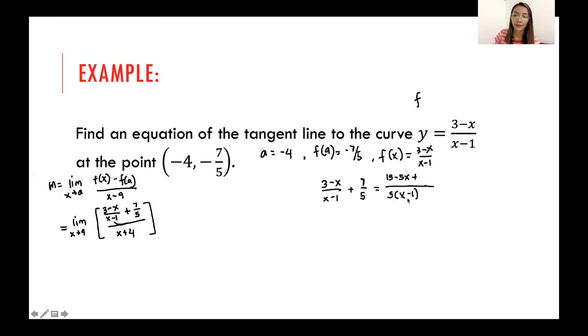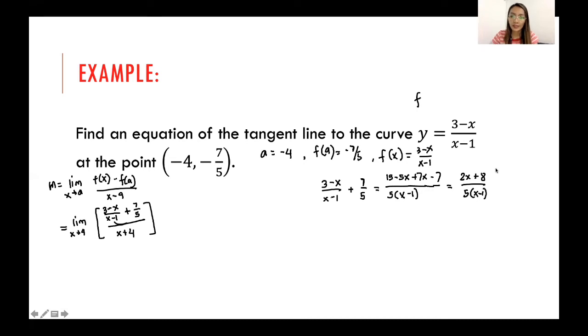Divide mo na 5 times x minus 1 divided by 5. So, cancel yung 5. So, we only have x minus 1 times 7. So, 7x minus 7. Okay? So, let's simplify. What is 15 minus 7? That is 8. And negative 5x plus 7x is positive 2x. So, we have 2x plus 8 over 5 times x minus 1.